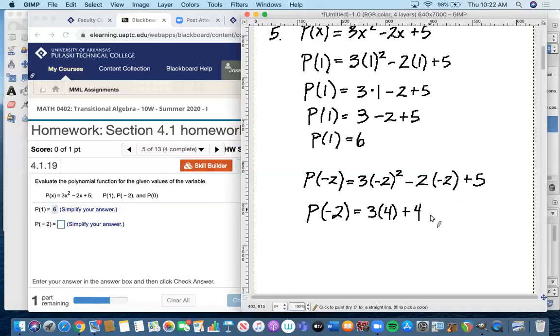And then plus 5 at the end. So for p of negative 2, 3 times 4 is 12, then plus 4 plus 5. What do we end up getting? 12 plus 4 is 16, and then 16 plus 5 is going to be 21.